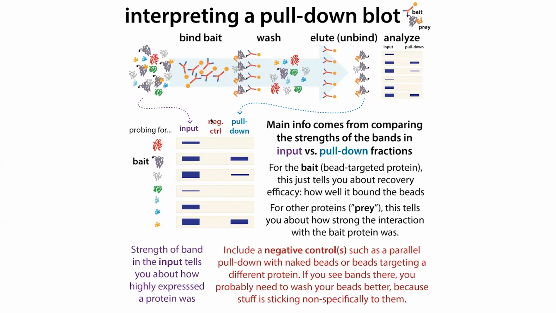Speaking of the strength of the input bands, the strength of each band in your input sample tells you how highly expressed or how abundant the protein was in your original sample. The stronger the band, the more of it there was going in. This then impacts how you interpret the results of your pull down, because you're comparing that pull down to your input.